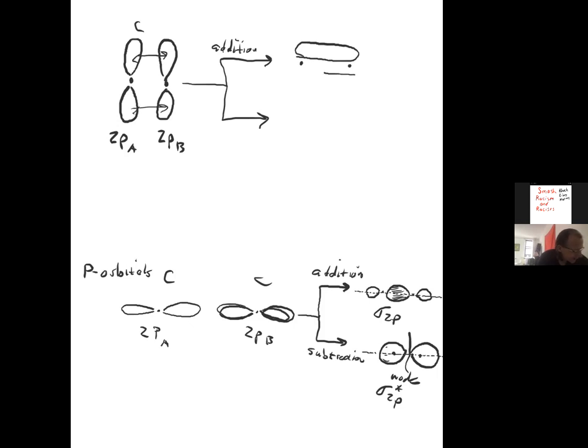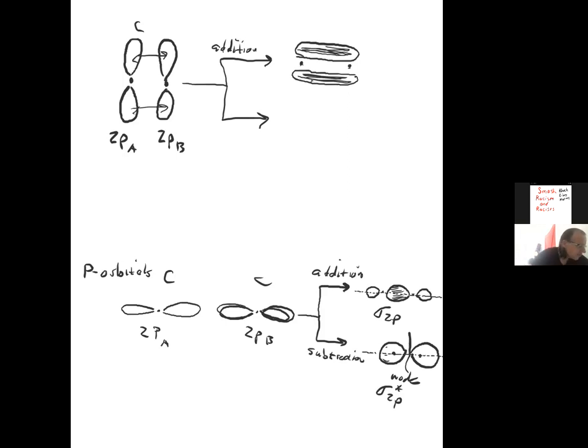And you get something that looks like a sandwich, a hot dog. So look at this shape. It's different, right? But this is electron density between the two nuclei. So is this. And you have some above the nuclei and some below the nuclei. So there are actually two regions right there.